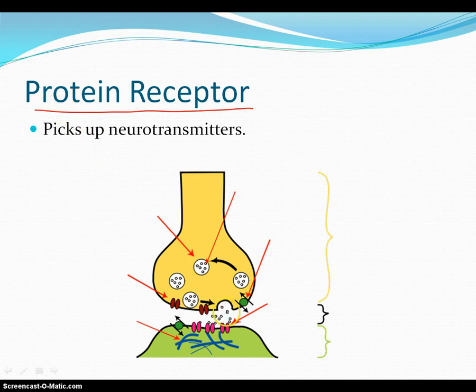Those are on the opposite side of the synapse, right here on the postsynaptic neuron. They are responsible for picking up neurotransmitters. All of these things that I have represented here in purple are little proteins that will bind to those neurotransmitters, and if enough neurotransmitters are released, we are going to get an impulse to fire down this postsynaptic neuron.